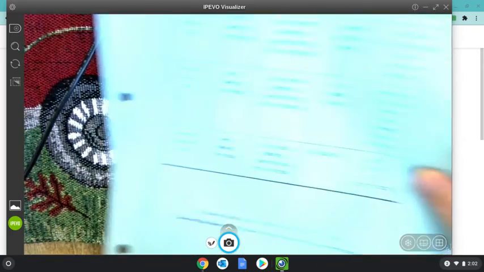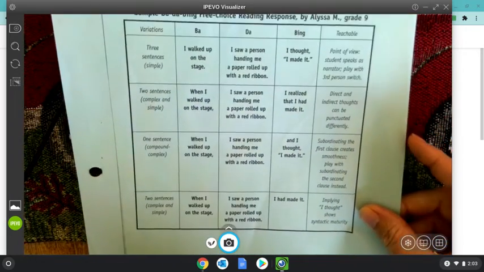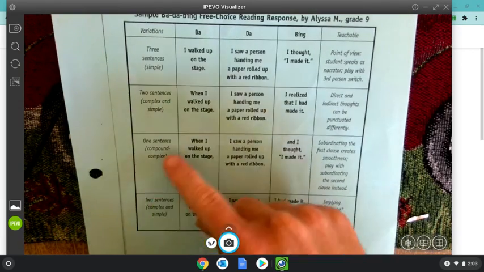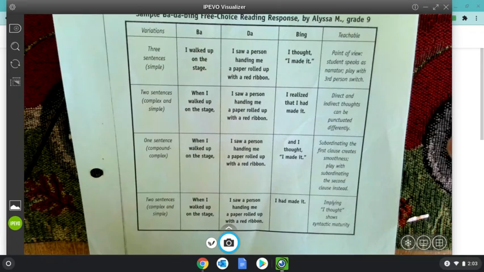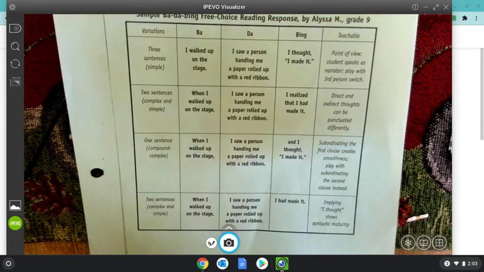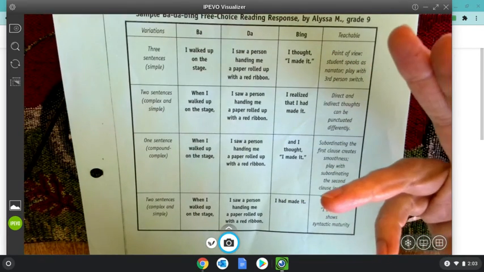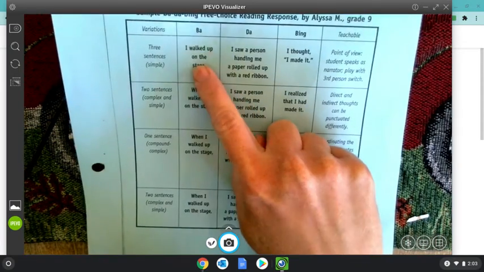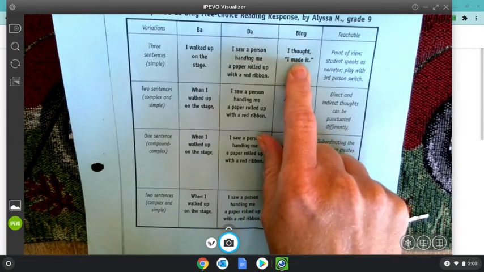All right, the next document that accompanies this lesson breaks that down in more detail. It can be any number of sentences. You can say the same thing a variety of ways. In this example, you have one, two, three sentences.